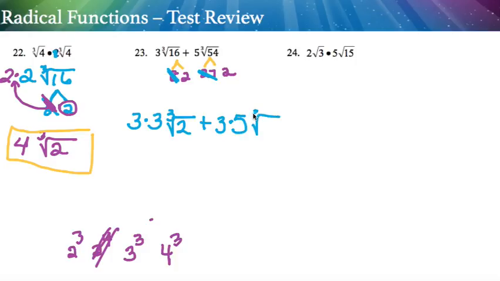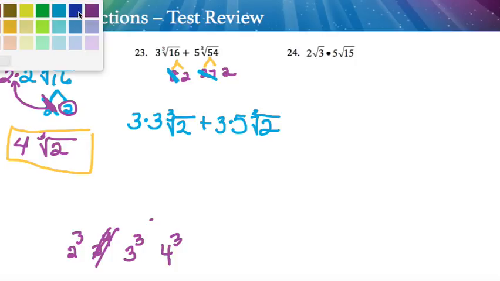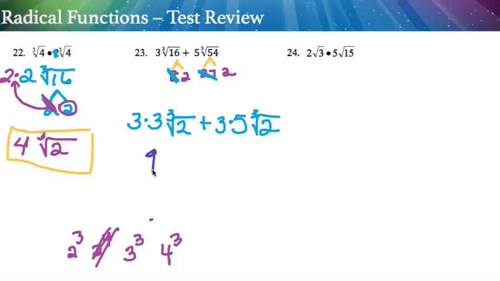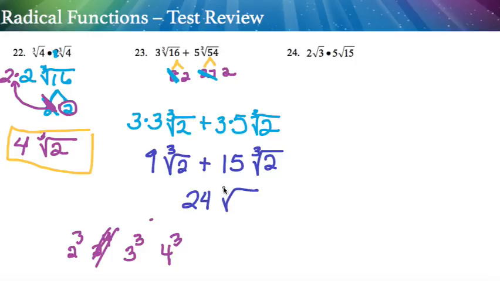And then I'm going to have a cube root of 2 left over. Now what I have is 9 cube root 2 plus 15 cube root 2. And 9 plus 15 is 24 cube root 2. That right there is my final answer.